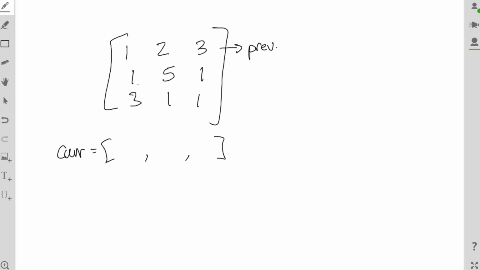Since this is previous, and now we're working on this row, to determine the max sum, instead of doing all of that work where we are taking a look at this value and then adding 1 to it and then subtracting 0, and then 2 added to 1 and then subtracting 1.